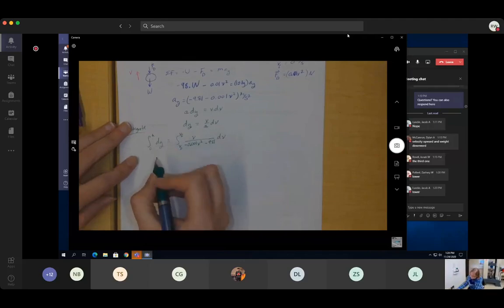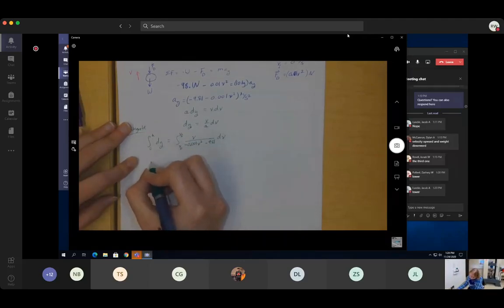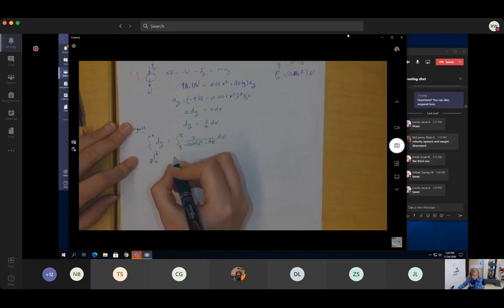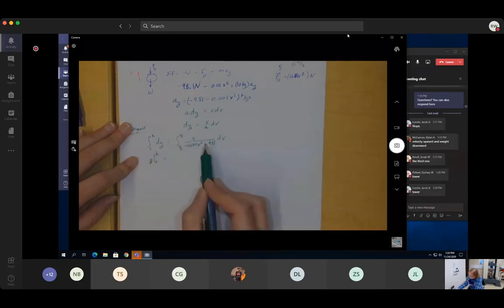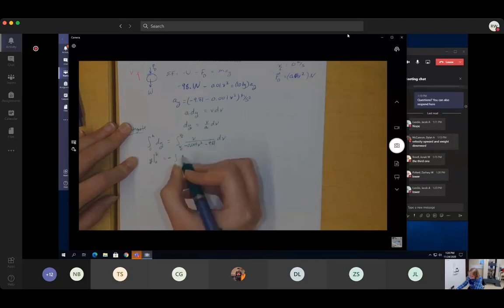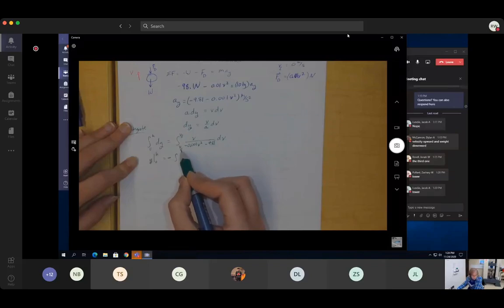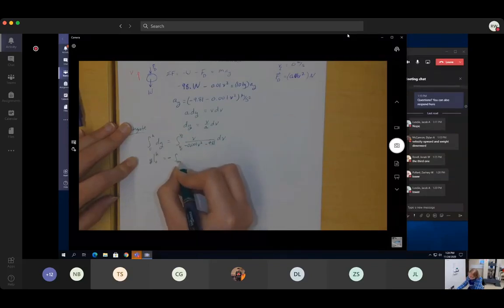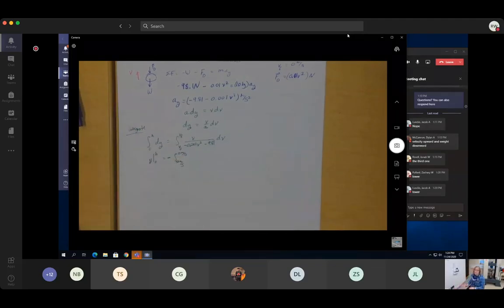Okay, so left side's pretty easy. We have y evaluated from 0 to h. I'm going to go ahead and take the negative sign that's in the denominator here and pull it out of the integral. We're integrating from 50 meters per second to 0 meters per second.